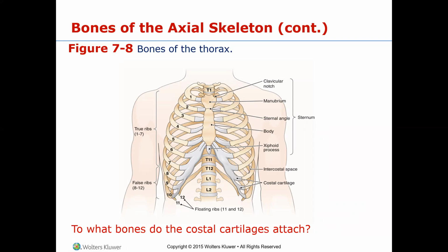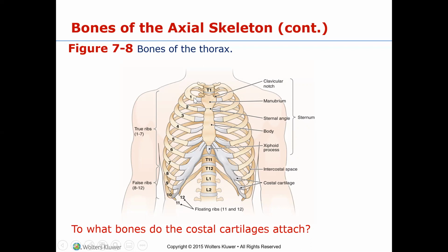So if we look at our ribs, there are a total of 12 ribs, 10 of which are attached and then 2 that are floating, the 11th and 12th. When we look at the true ribs, we have 7 of them.